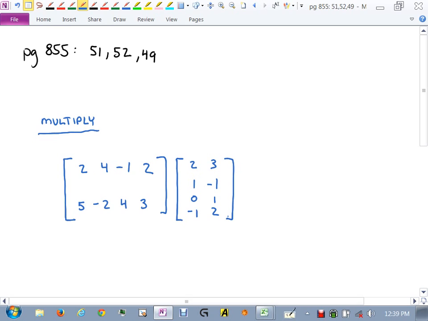Can you multiply those? Yes, okay. If you can get that multiplied out, you'll be good. That means you understand how you're supposed to line everything up.